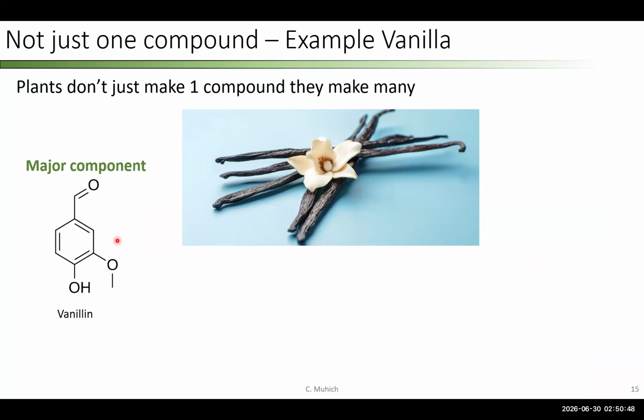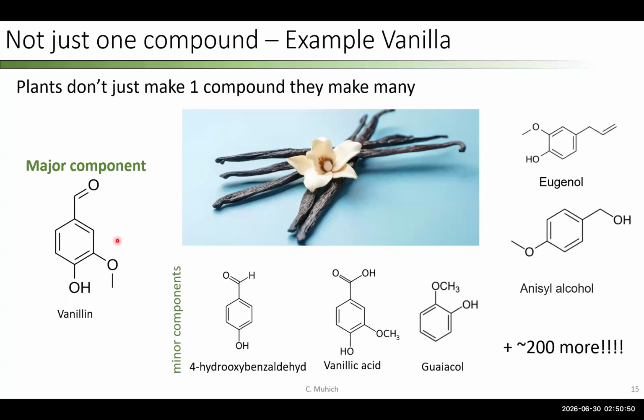But in addition to the major component, there's also a wide variety of minor components, such as 4-hydroxybenzaldehyde, vanillic acid, guaiacol, eugenol, and anisyl alcohol. And these I'm just showing are the largest components. There are about 200 more that you get when you extract vanilla, right?